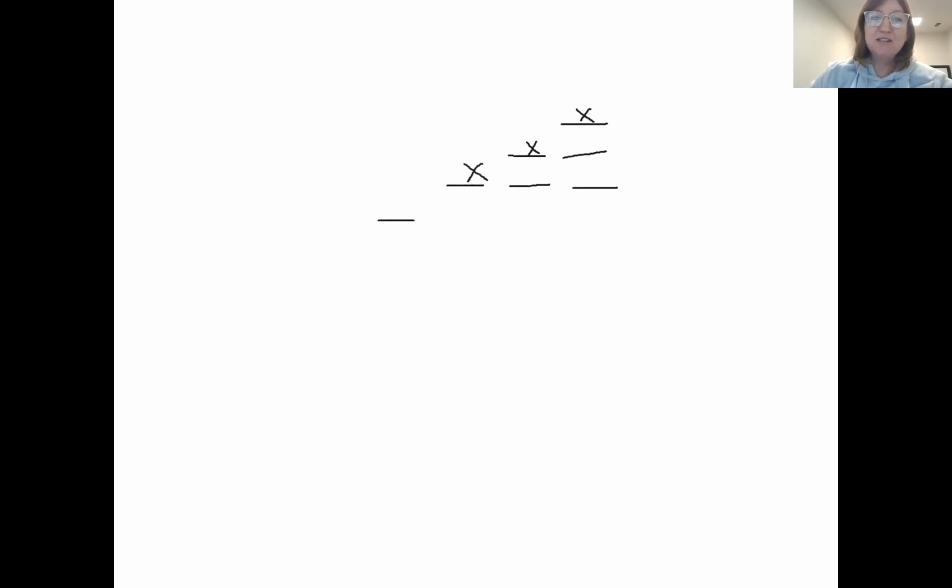If it's four syllables or more, it's always going to be the third from the end. Let me see if I can think of some examples. Triangular. I can't, you have to trust me on that one.